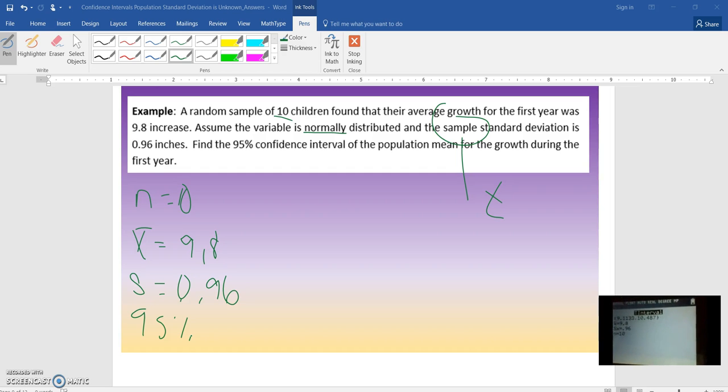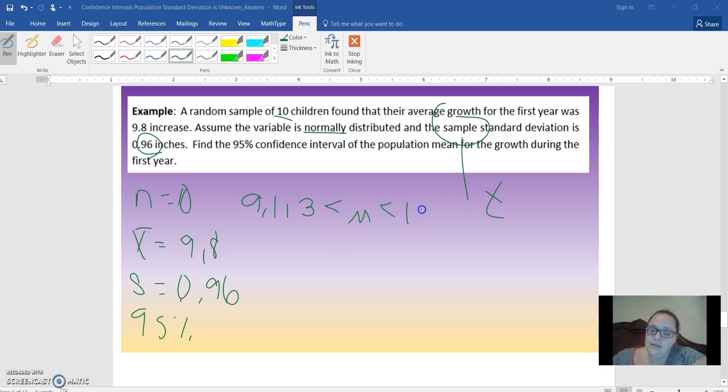All right, so it's 9.1 and 10.5. Okay, this is hundredths, so I need to go one more. So it'll be 9.113 to 10.487. All right, and that's if I want it as an interval.